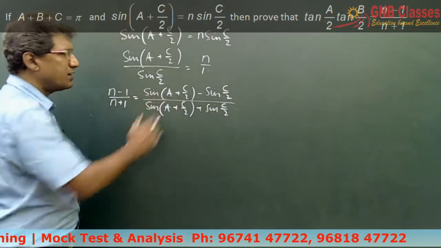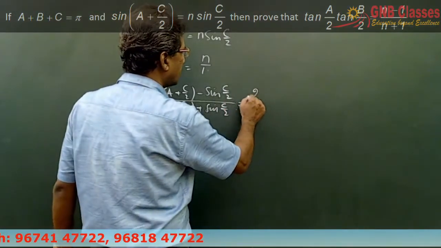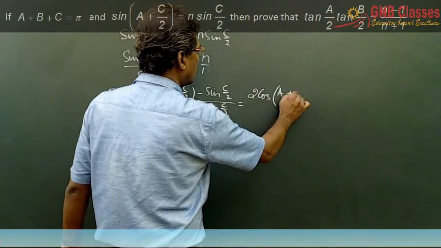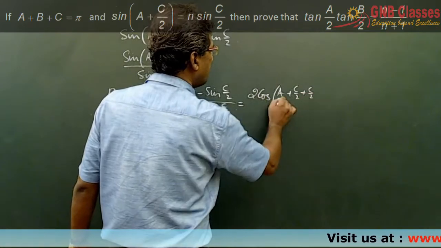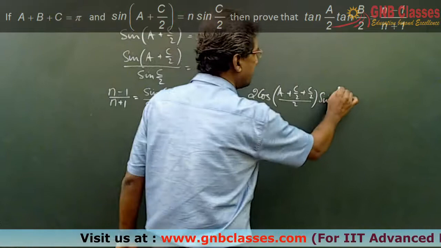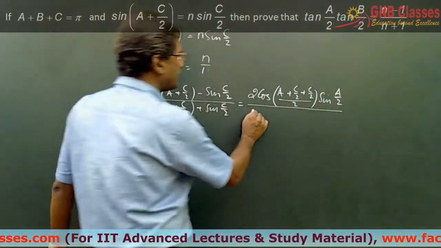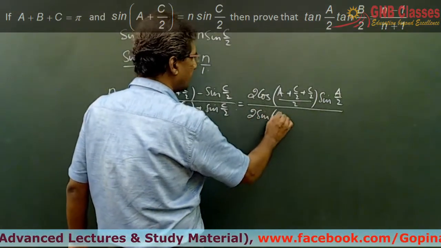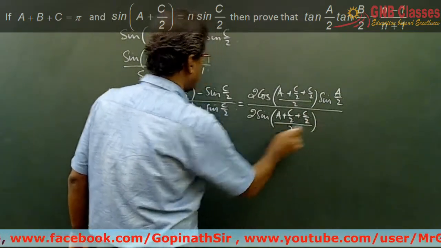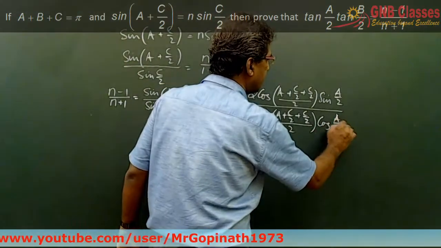Now, in the numerator, we are using the formula sin C minus sin D. So we are getting 2 cos((C plus D) by 2) sin((C minus D) by 2), which is nothing but a by 2, divided by sin C plus sin D, which is nothing but 2 sin((C plus D) by 2) cos((C minus D) by 2), which will give you a by 2.